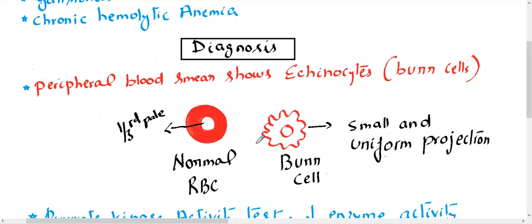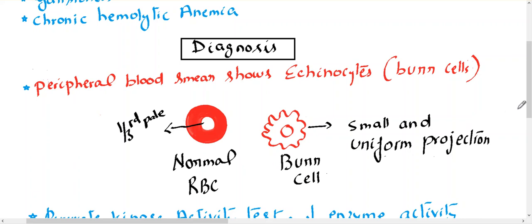But in case of pyruvate kinase deficiency, the peripheral blood smear will show echinocytes, which are also called burr cells. Now, how will they describe echinocytes? It's small and uniform projections. You see uniform and small projections on the surface of the RBC, and these are the burr cells.